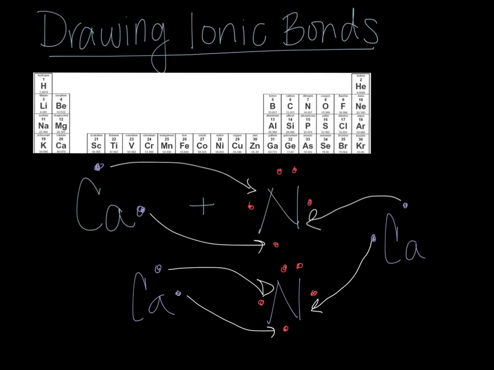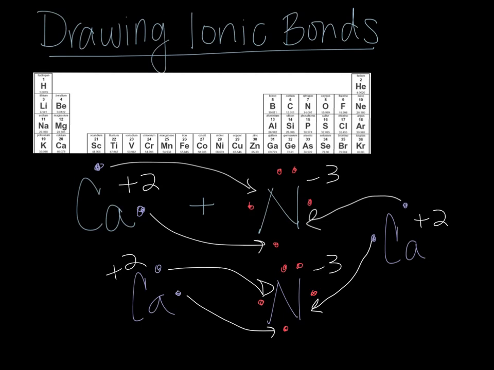And now finally, I have all the electrons used and all of the spaces filled. So this calcium forms a +2. I'm just checking my charges. This one's a +2 and this one's a +2. And then both of these nitrogens are a -3.